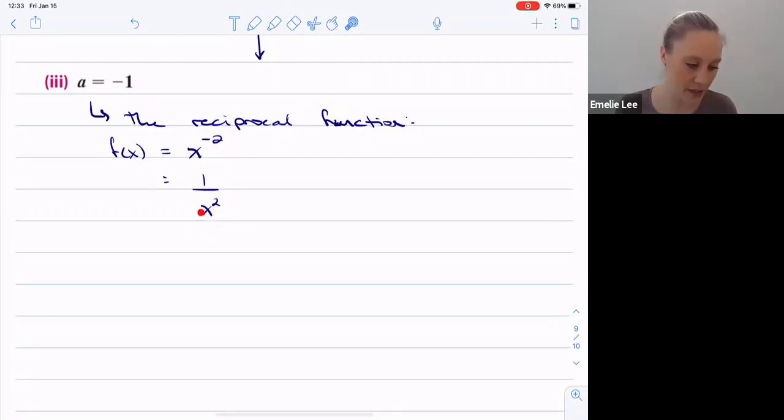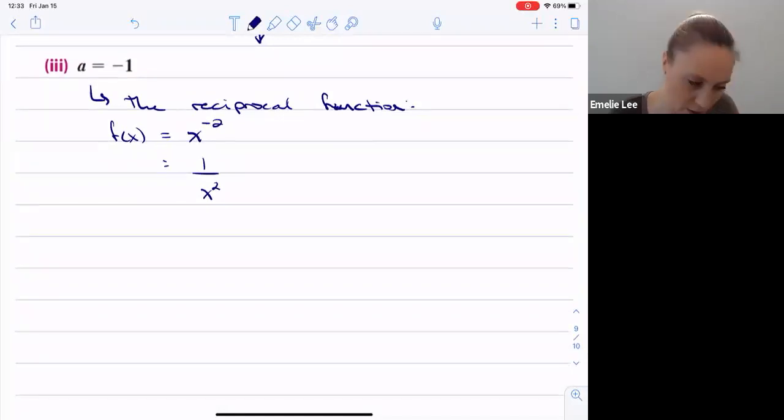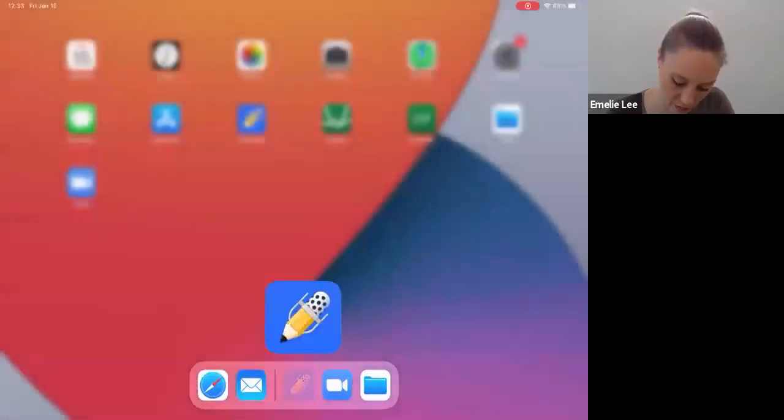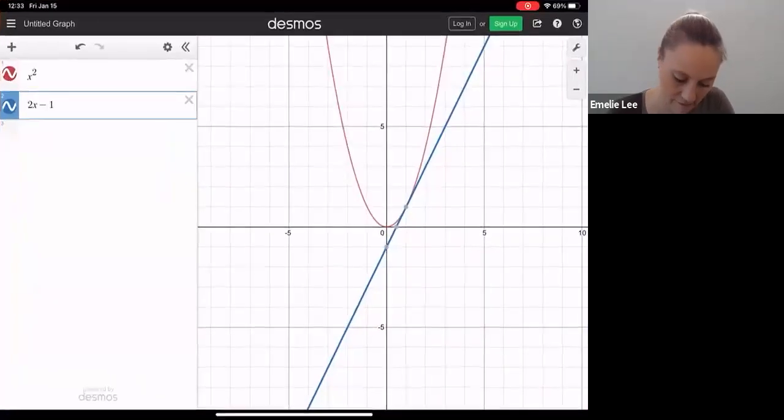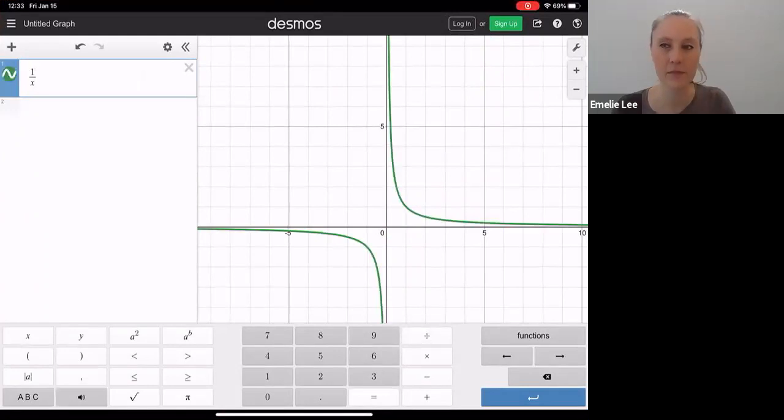And how these graphs behave in general, right, is if you've got the graph of 1 over x, and let's try the 1 over x squared. So I'm going to go into Desmos to see what it looks like. So 1 divided by x should look kind of familiar, right?